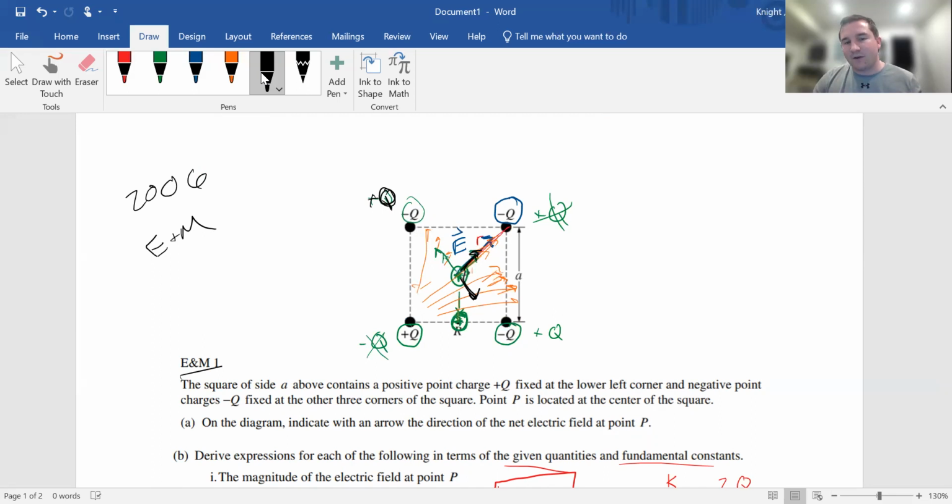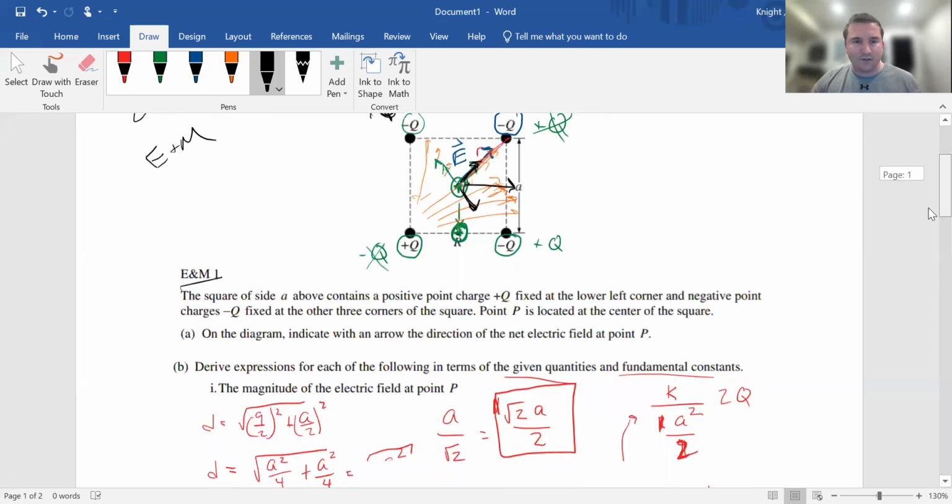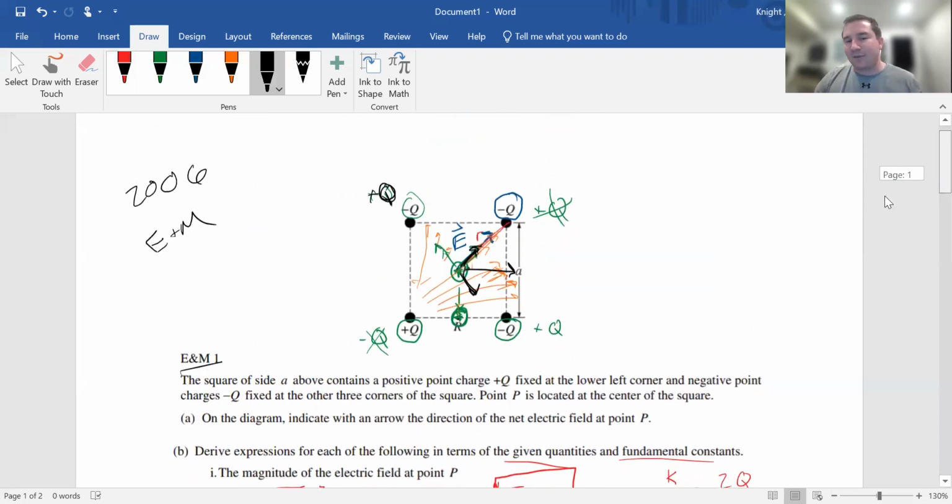And we have everything on the right side, nothing going left side. So this is definitely not going to cancel out either. We get a total field that points straight to the right. So we have electric field there. So again, 2 options for answers there. We could either make the bottom right negative Q positive, or the top right negative Q positive Q.